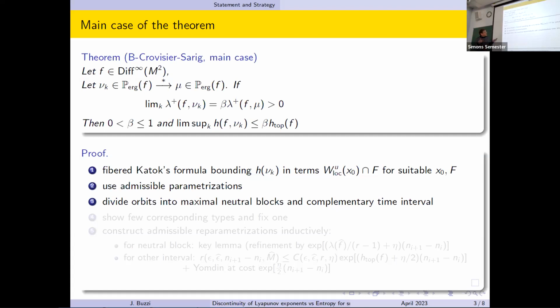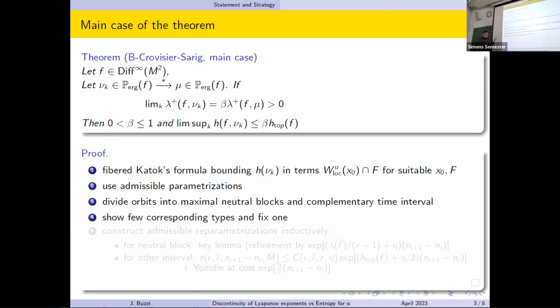So if beta is between 0 and 1, then there are neutral blocks that cover this proportion 1 minus beta, and the remaining proportion beta is not covered. So we have to redo something, and here we will just use, once we have a division for each orbit, a division of its time interval between 0 and some large integer n.